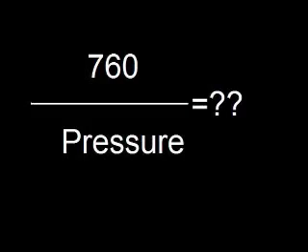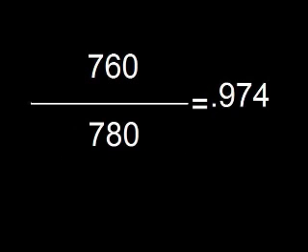Let's first look at pressure. So here we have 760 divided by pressure. And 760 is our barometric pressure at sea level. So let's say we measure a pressure of 780. All we do is we take 760 divided by 780, and we get a value of 0.974, and this is our correction value. So we would take this pressure correction value times whatever our radiation measurement value is.